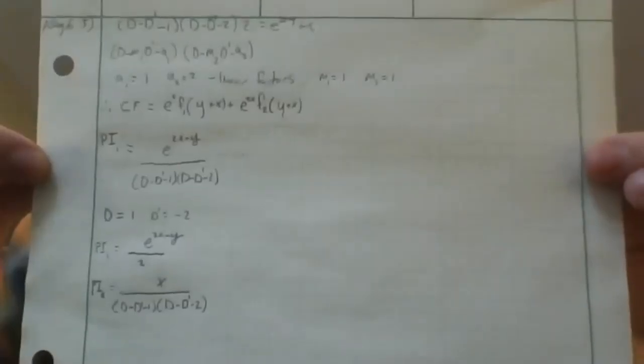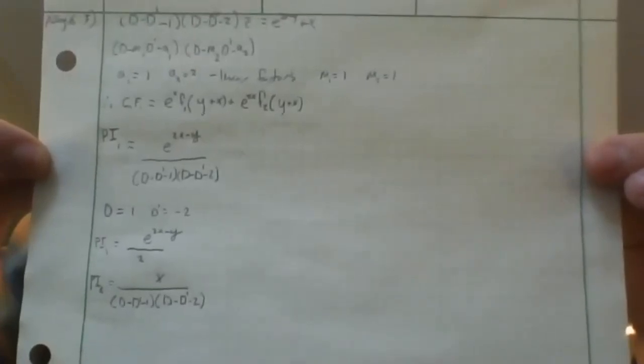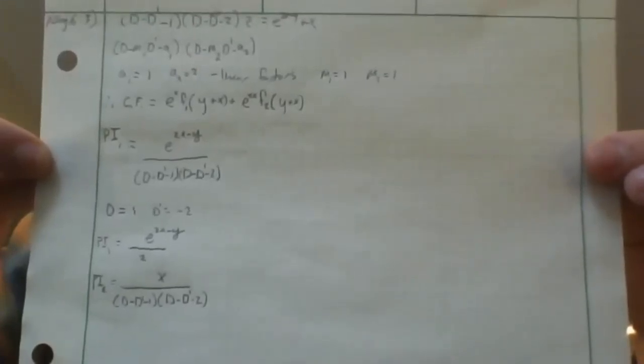Okay, so that's correct. And then your right-hand side is e to the power 2x minus y plus what? I think we are missing something. Yes, sir. I got the first PI for e to the power 2x minus y.